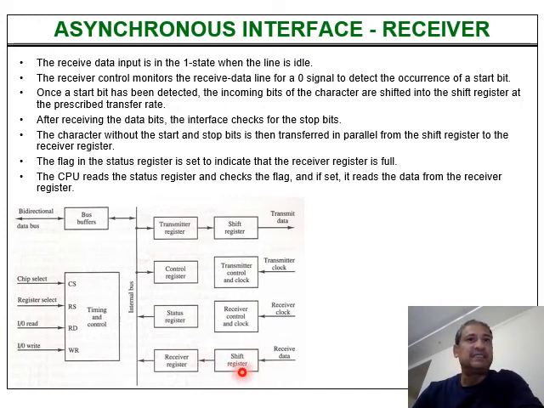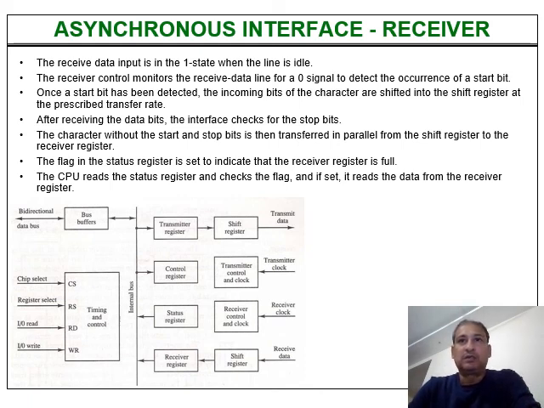Now this shift register strips the start and the stop bits and sends the 8 character bits to the receiver register in parallel, and from the receiver register, the bits are transferred to the bus buffer and to the CPU. This operation is again carried out by continuously checking the status register to see whether the receiver register is full or not, because it is of no use for the CPU to read the data from the receiver register until it is full, until it has received the full number of characters. So this is how this particular asynchronous interface works as both transmitter as well as receiver.